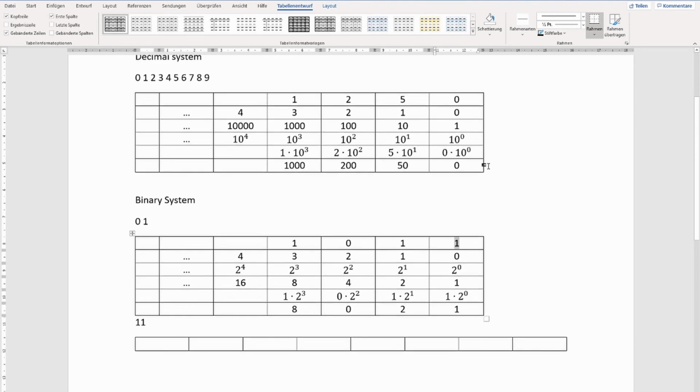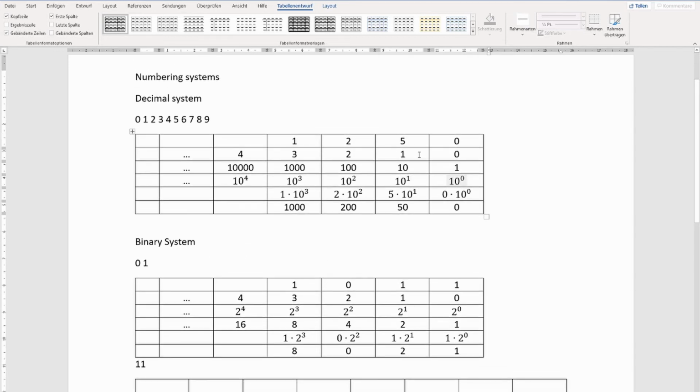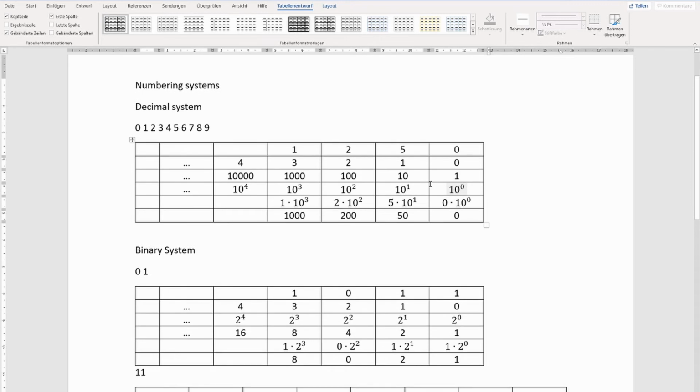It's not that easy to answer. How many combinations could we write with a 2-digit decimal system? Yeah? The maximum number is 99. And plus 0, 100. So with 2 digits we can have exactly this amount of different combinations. With 3 digits the maximum number is 999.